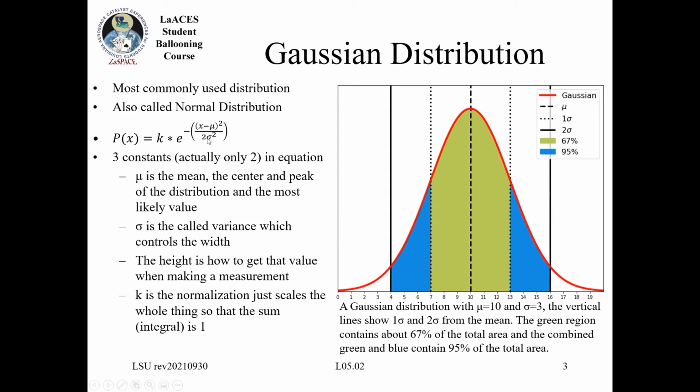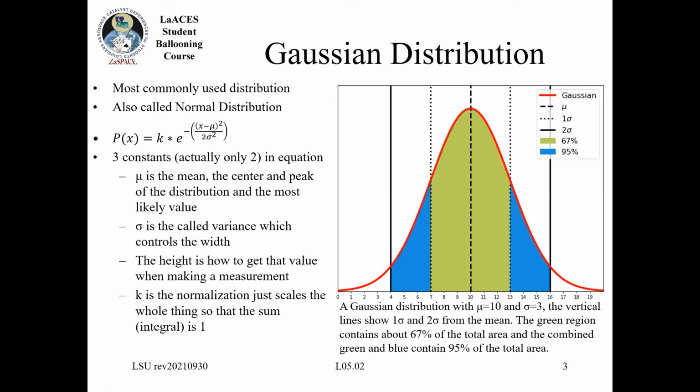The sigma is the variance, and that is how wide this distribution is. When we talk about the random error, we are specifically talking about the sigma, which you may also hear referred to as the variance, right? So if sigma is a larger value, it will be wider.